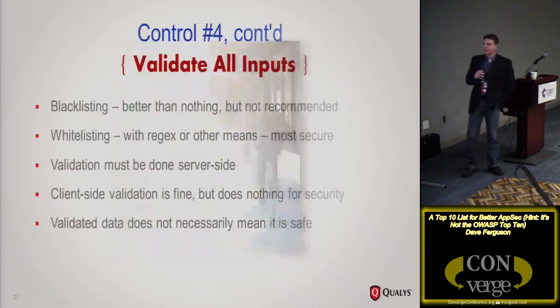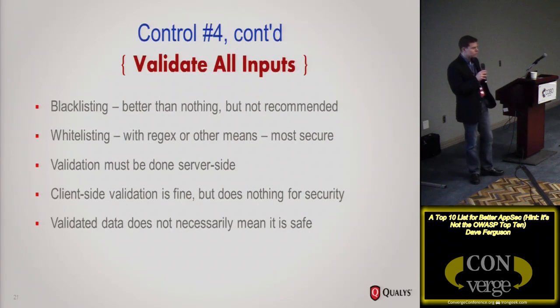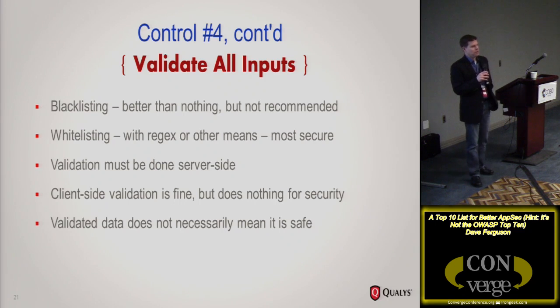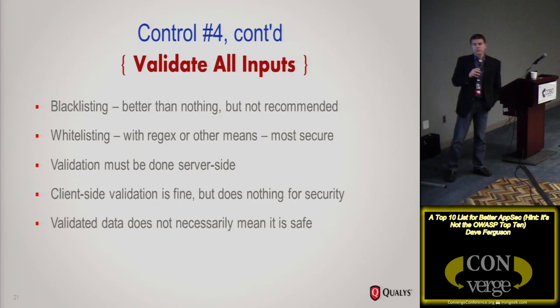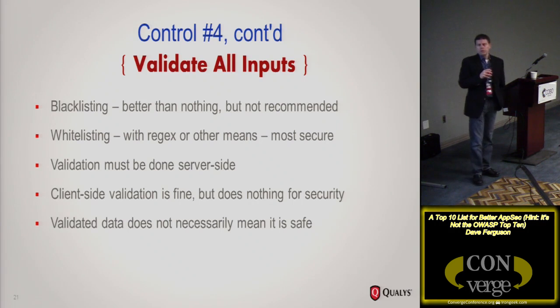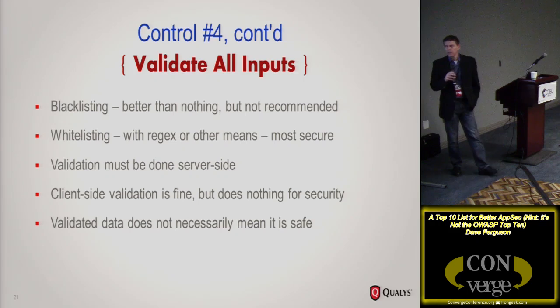Among the types of validating data is the blacklisting approach. Better than nothing, but again, you may have forgotten something, so you can get around it. Whitelisting is much more secure. Usually, if you can use regular expressions, that's a great way to do whitelisting data validation, and it's the most secure way to do it.